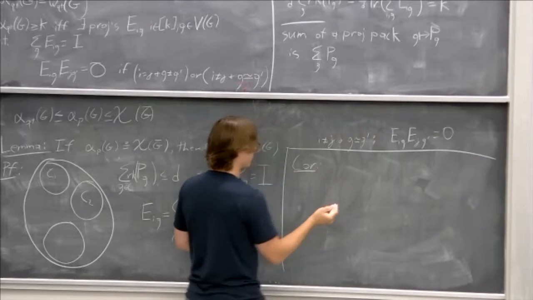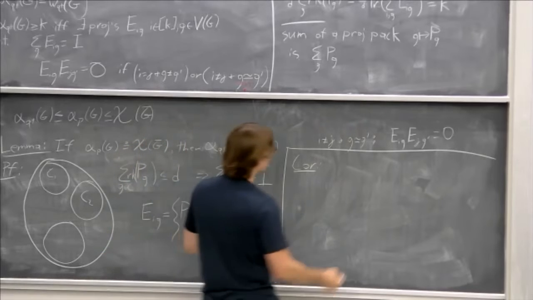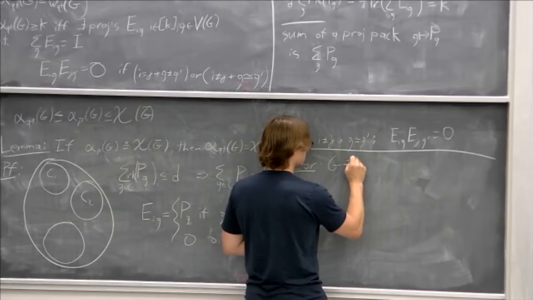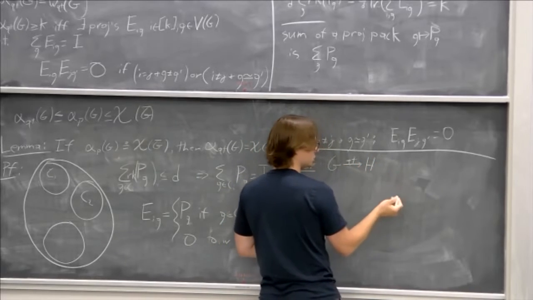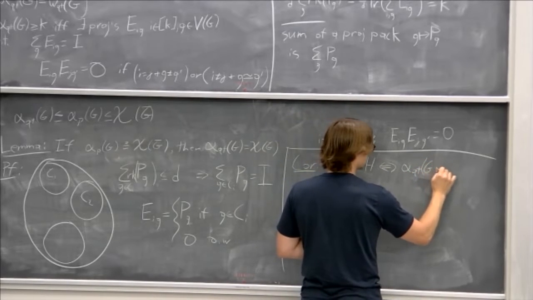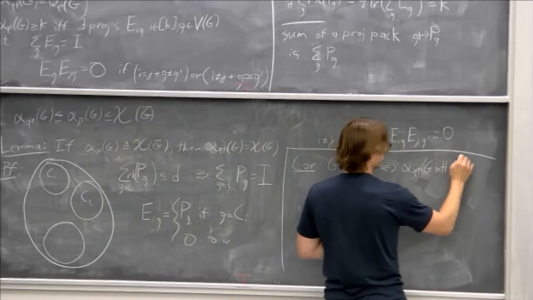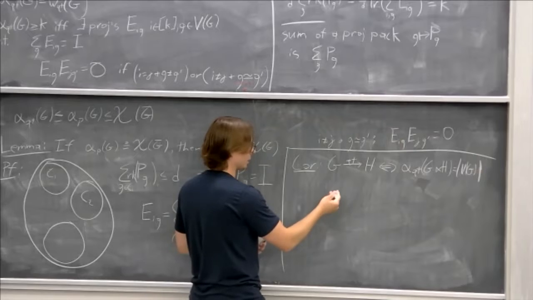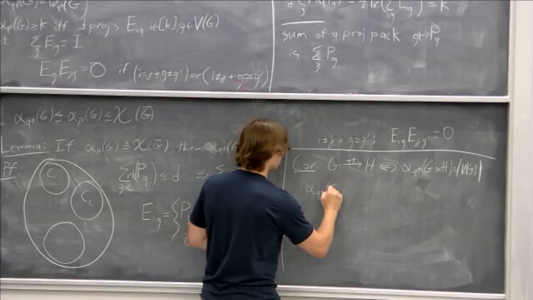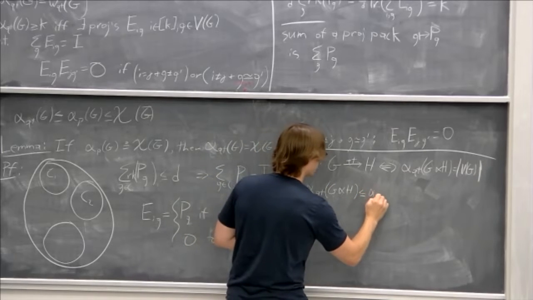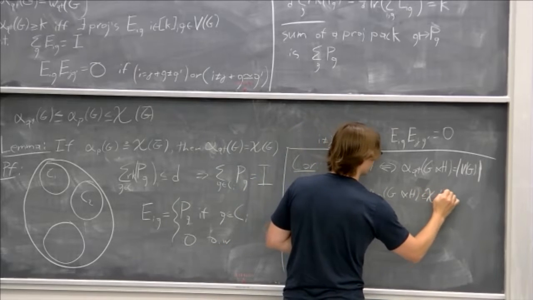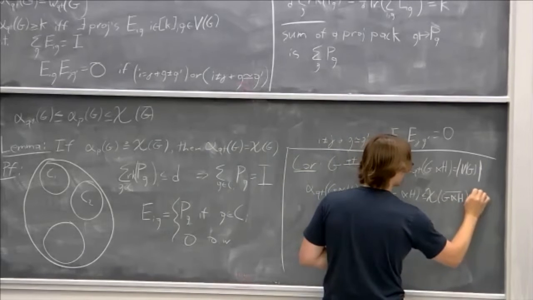We get this quantum analog: G has a quantum homomorphism to H if and only if the independence number of this homomorphic product is equal to the number of vertices in G. The reason is that if I look at alpha QT of this product, we know that this is upper bounded by alpha P of the product, which is less than or equal to chi of the complement, which is less than or equal to the number of vertices in G.